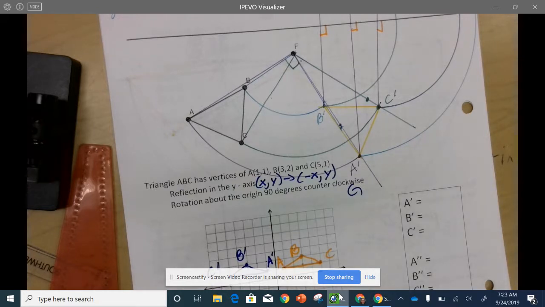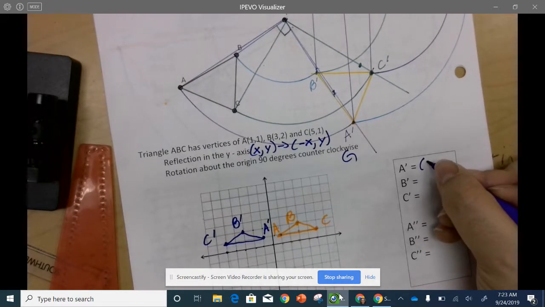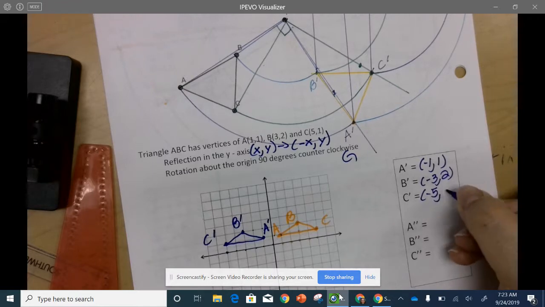So A is now going to be at 1. Let's do it. This is negative 1, 1. B is at negative 3, 2. And C prime is at negative 5, 1.